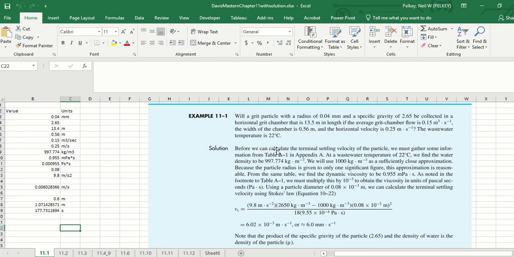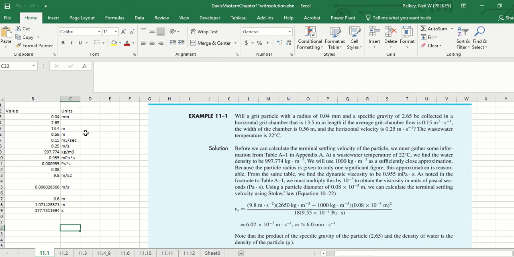So we care about a density versus density situation here, and that's the density of the grit versus the density of the water. And as usual, Masson and Davis do some rounding here. We're not going to do it over here, but you'll see. So the settling velocity is from the Stokes equation, and the wastewater temperature is 22 degrees.